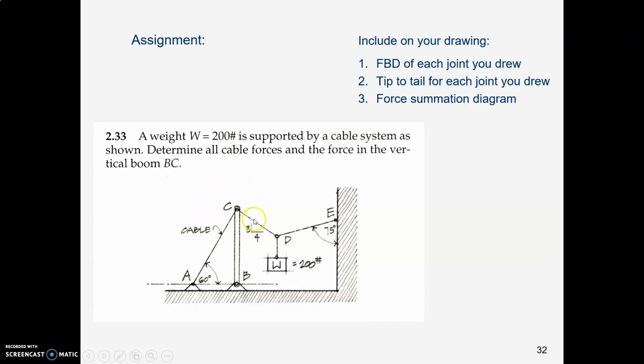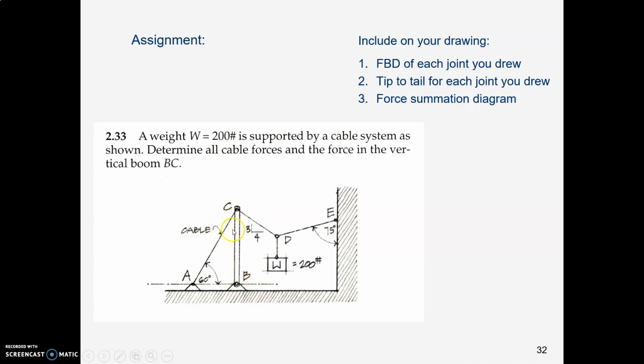Now that you know CD, you can look through your paper towel tube, look at joint C, and draw a free body diagram of that joint. Ignore the rest of it, just look at C. So this cable is in tension for sure. What do you think cable AC is doing? Do you think it's being pulled on? I think if you put your arm in there instead of that cable, your arm would feel pulled on. I think that's in tension. So it looks like at joint C, cable CD will pull away, and cable AC will pull away.